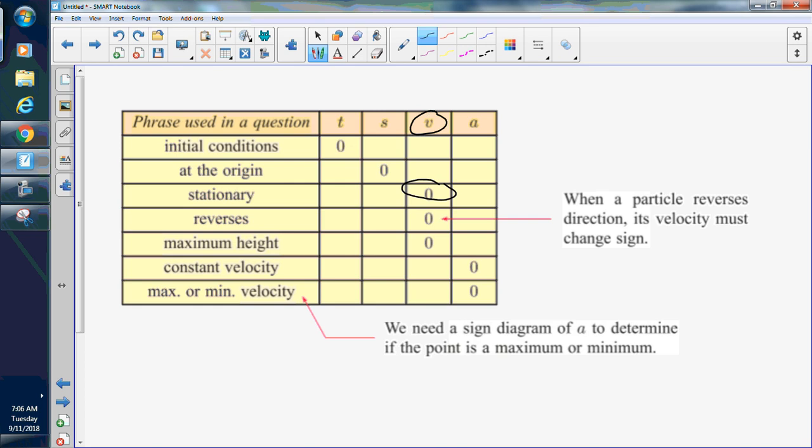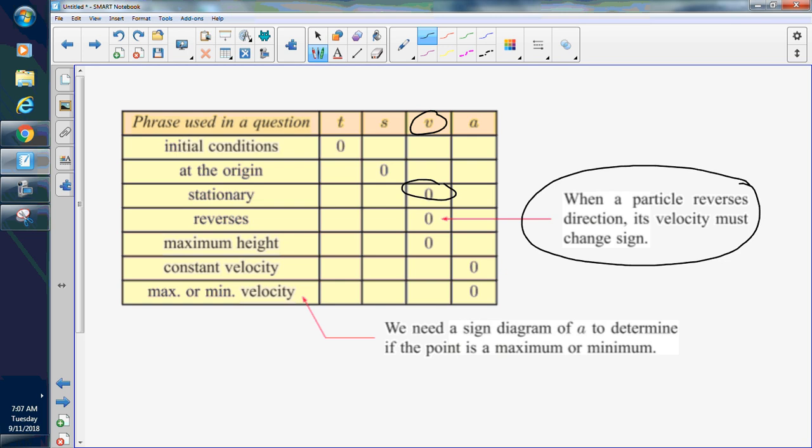Also, when it's equal to 0, it could mean that a particle is changing direction, but we have to have a change in the sign of velocity, because it could just slow down, come to a stop, like in a rest area, and then keep traveling in the same direction. So particles can do that same thing. And when velocity is equal to 0, we could have a maximum height, and it could also say minimum height in some situations.